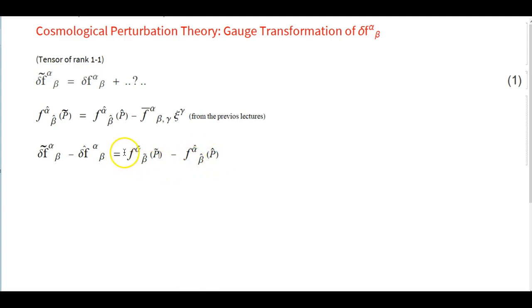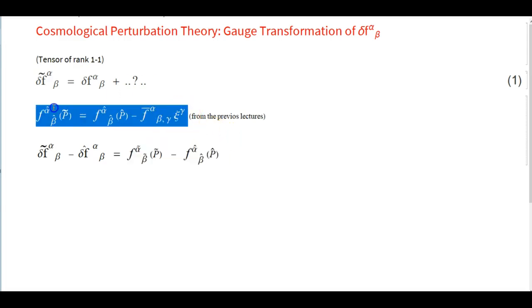So now our goal is, because we want to find this, in order to find this, we need to simplify this. So this can be simplified with the help of this equation.